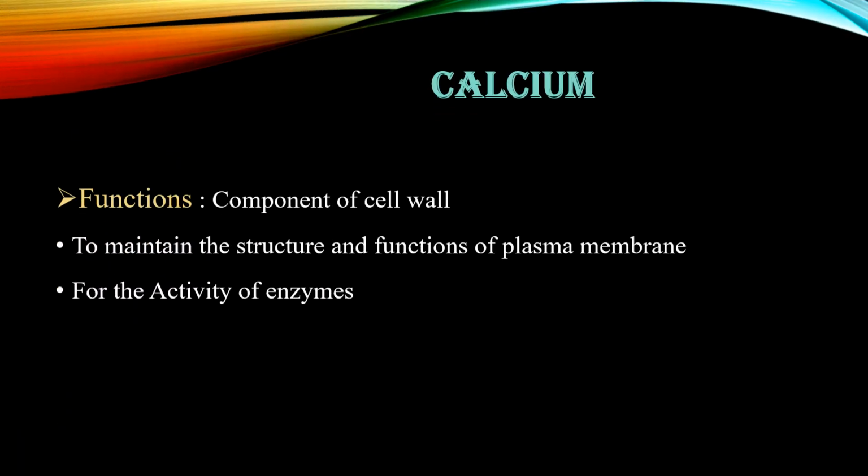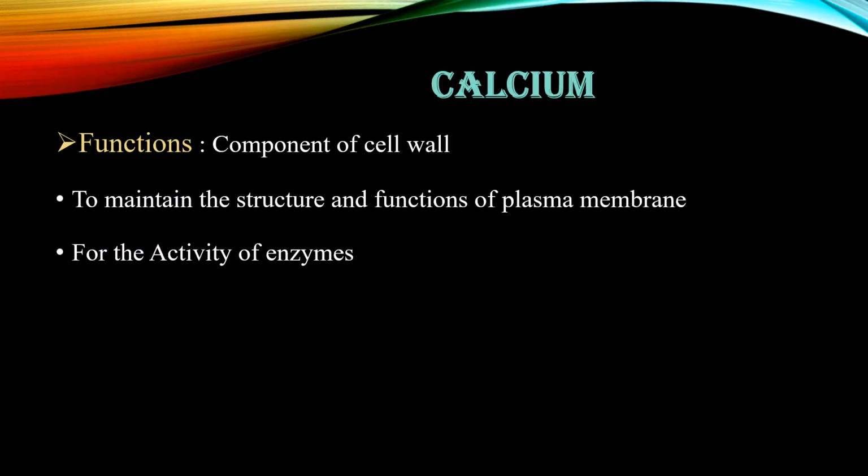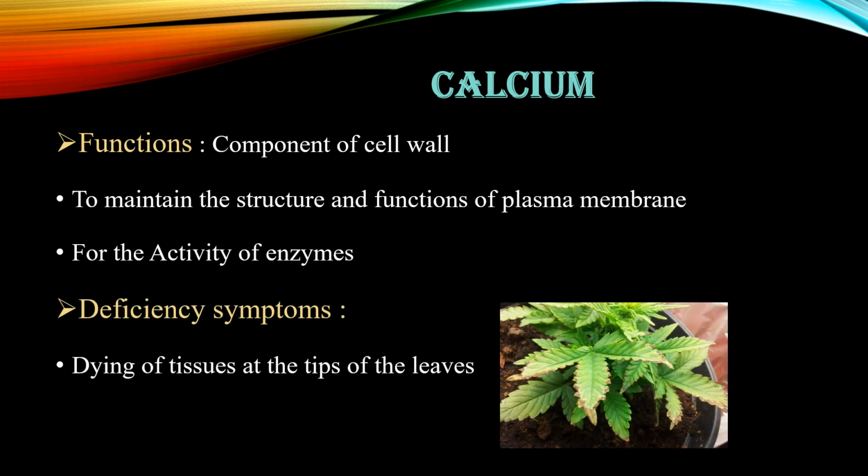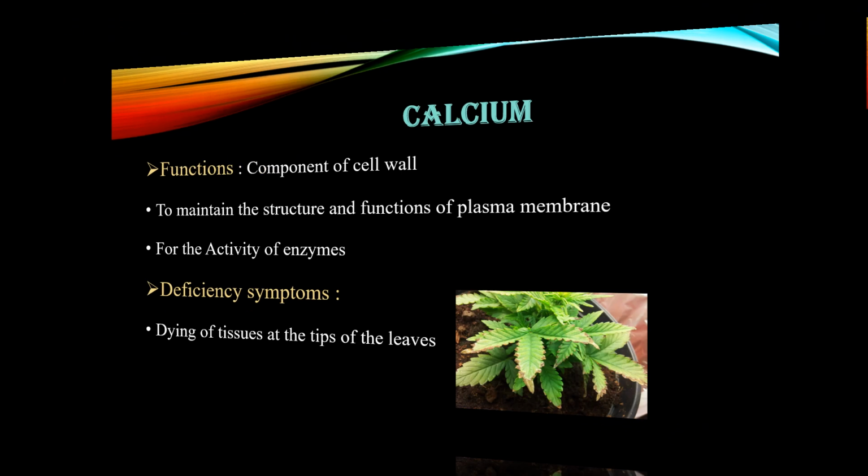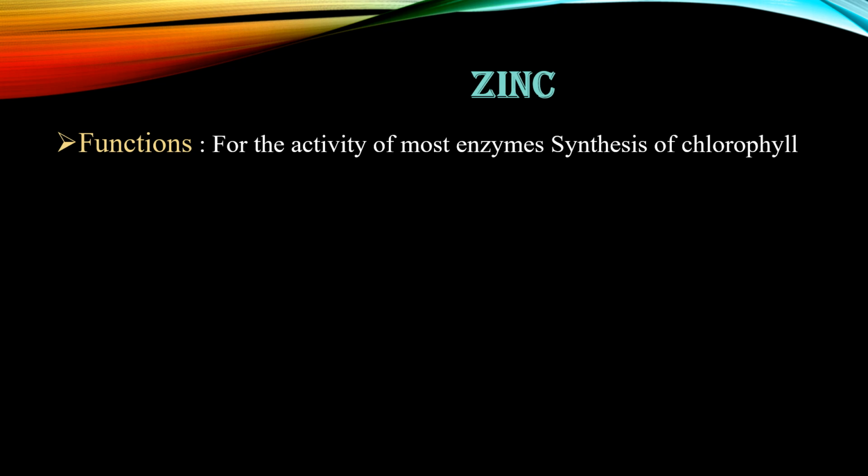Calcium. Functions: component of the cell wall, maintains the structure and functions of the plasma membrane, for the activity of enzymes. Deficiency symptoms: dying of tissues at the tips of leaves. Zinc. Functions: for the activity of most enzymes, synthesis of chlorophyll.